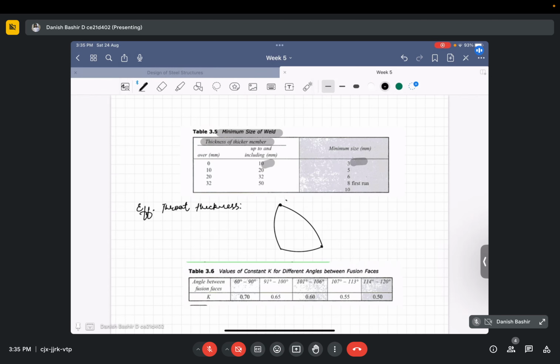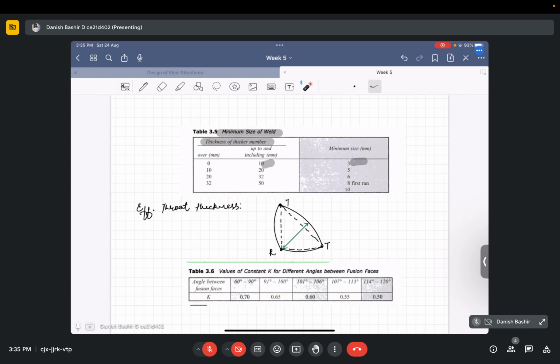These are its toes, T and T. This is the root, R. So if I inscribe a right angle triangle into it like this, this length I call the distance from the root to the diametrically opposite side. This is along the diameter, no? The diametrically opposite side is the one joining the two toes. So I call this the effective throat thickness.